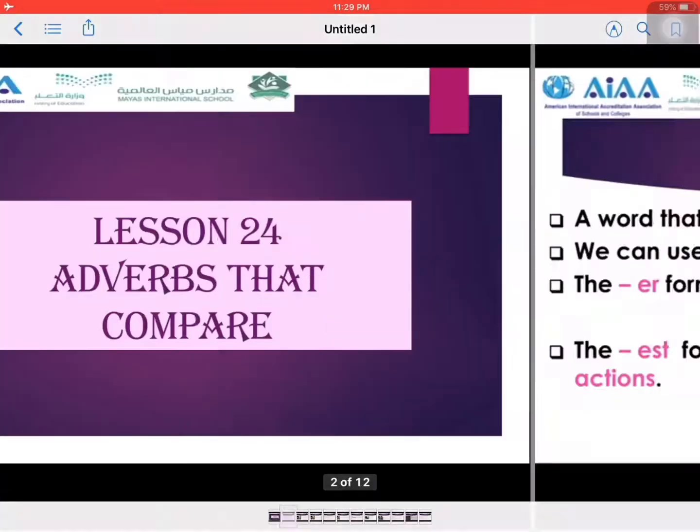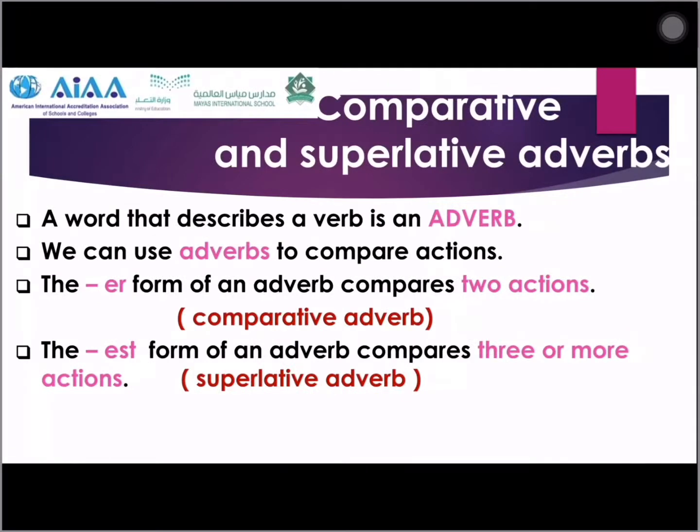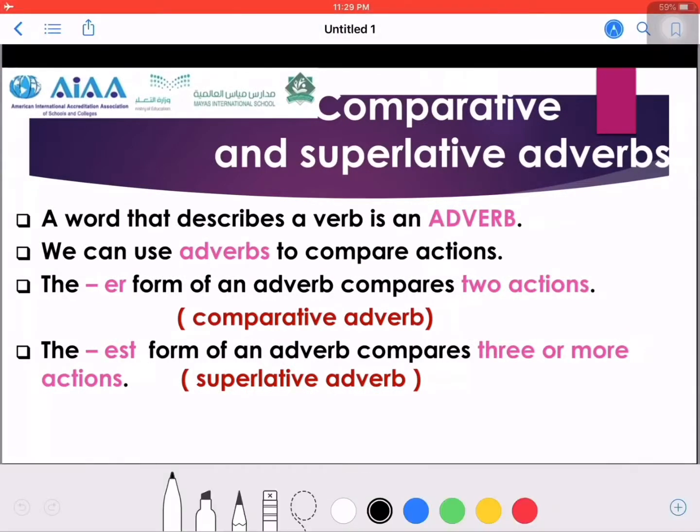Let's see our lesson. So here, what is an adverb first? A word that describes a verb is an adverb. So, any word that describes a verb, describes the action, we call it what? Adverb. And we know that we have 4 types of adverbs.